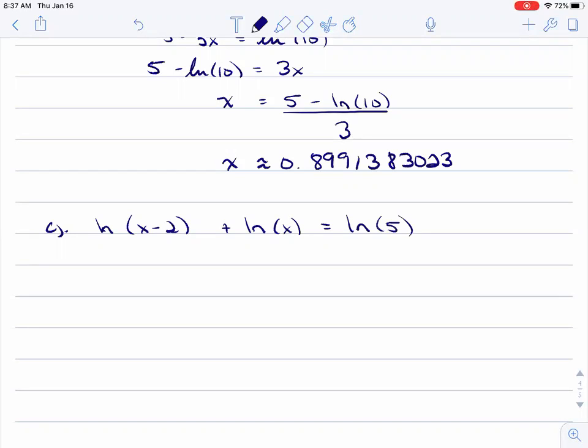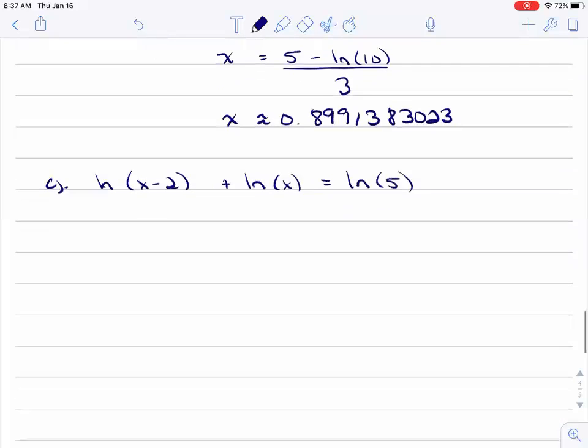So first, we can use the log laws to combine the logs on the left-hand side. We're adding two logs of the same base, and so we've got ln of x minus 2 times x. We can multiply inside.